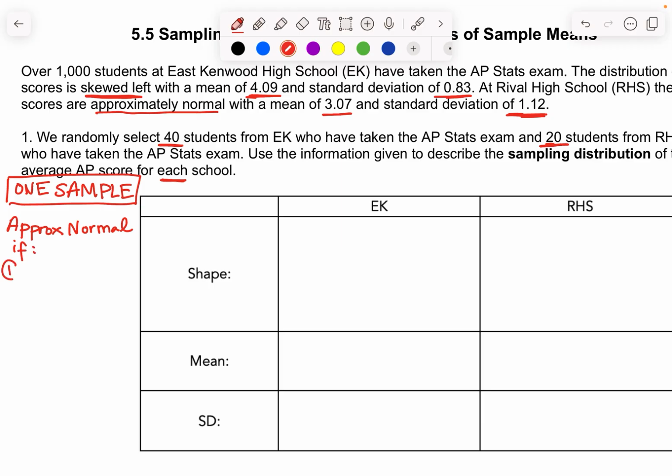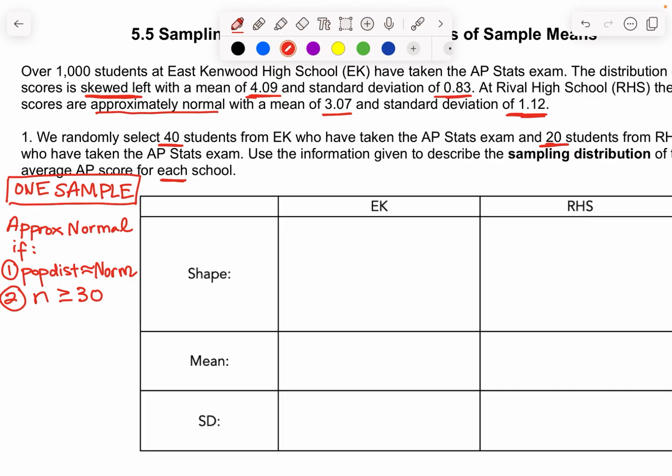Either one, the population distribution is approximately normal, or two, we have a sample size that's at least 30. A large enough sample size would do the trick as well.